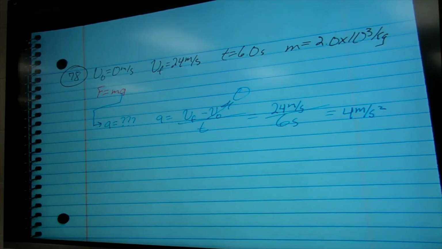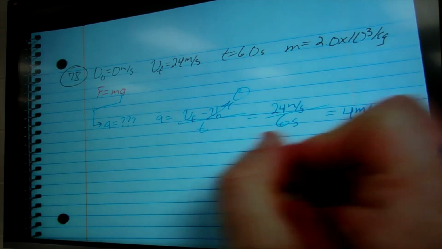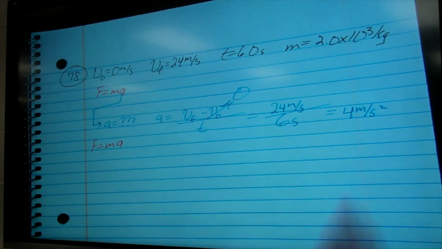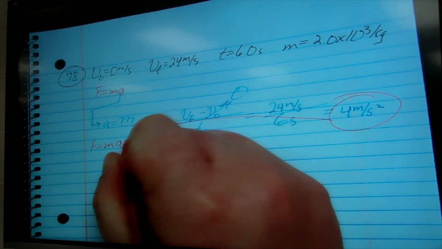All right, so 4 meters per second squared. Now we have acceleration, but that's not what the problem asked for. The problem asked for force. So now force equals mass times acceleration. We just calculated that acceleration.